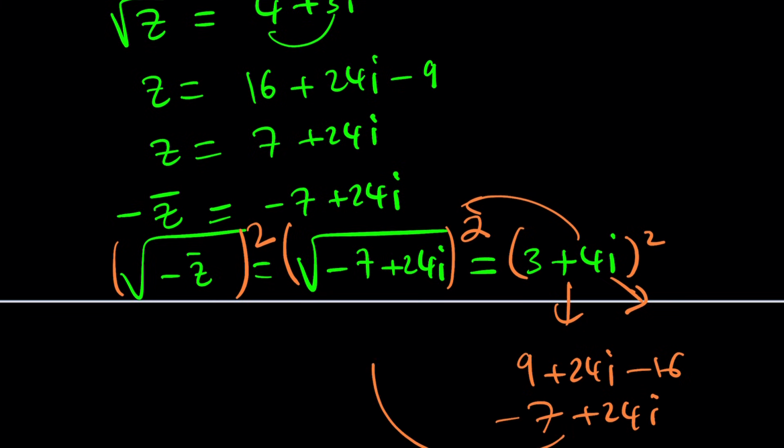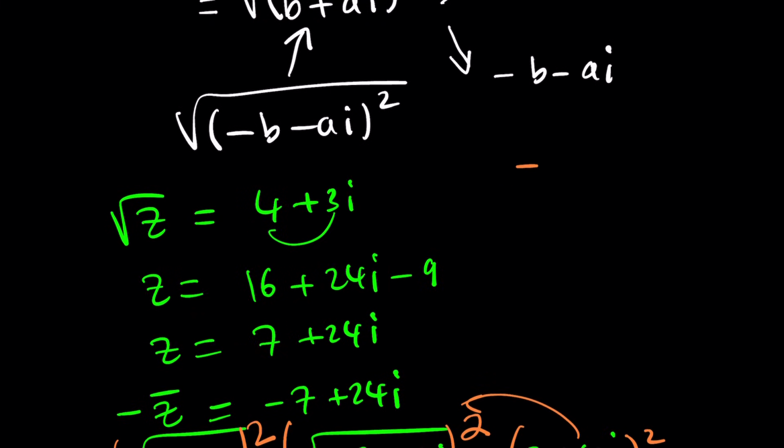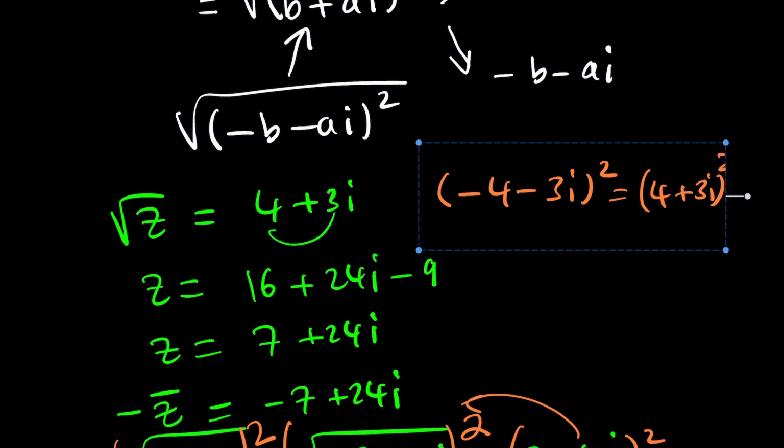And that's indeed true. What happens if you take the answer to be -4 minus 3i? It is the same. It works because when you square this number, it is going to be the square of 4 plus 3i. They're going to have the same square. Okay? Let's move this a little bit to the left. Okay, here we go.